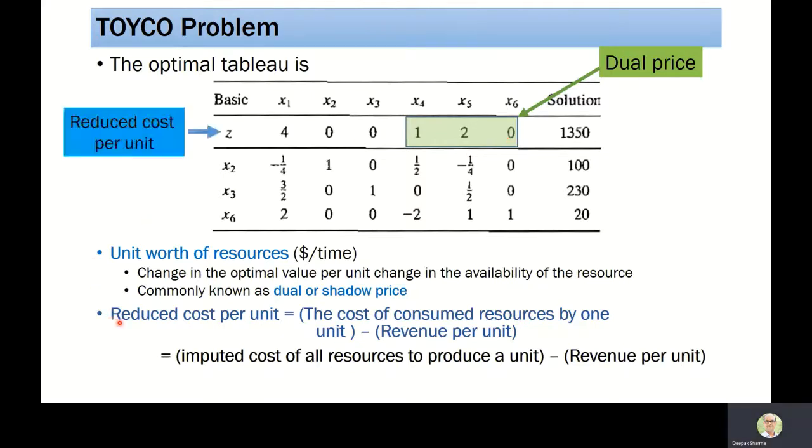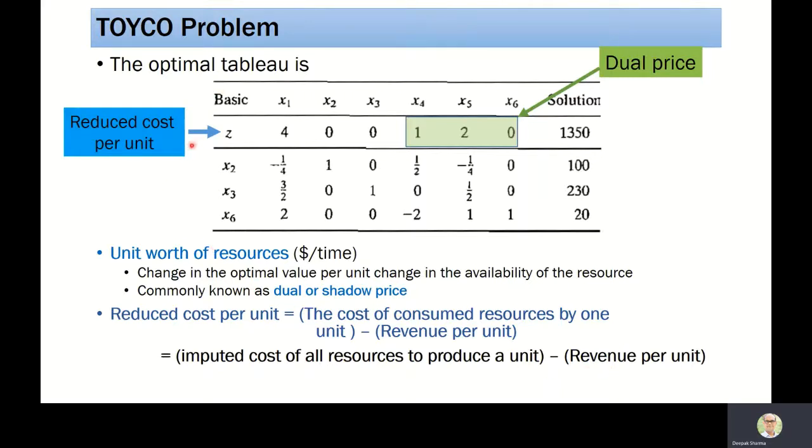The other term which we have understood is reduced cost. We understood reduced cost as the cost of consumed resources by 1 unit minus revenue per unit. Suppose we are going to make one product or one toy, how much we are investing is the cost of consumed resources, and how much revenue we are going to get. So we can say this is the imputed cost of all resources to produce 1 unit minus revenue. How can we find the reduced cost?